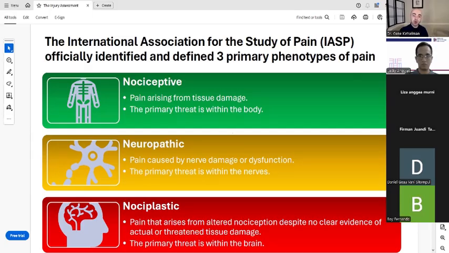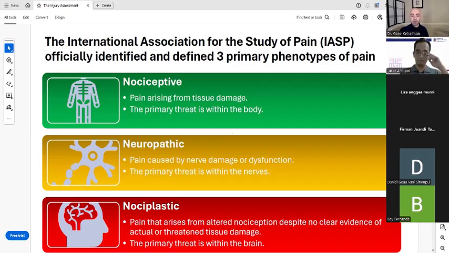Then we have neuropathic pain. This is pain that is caused by nerve damage or nerve-related dysfunctions. So the primary threat here is within the nerves. And then finally, the big one, this is the most recent introduction, and the one that is really more new to individuals and that we really need to take the time to learn well, is nociplastic pain.